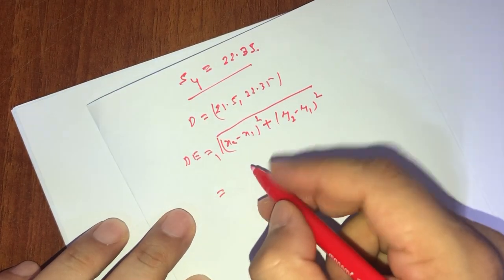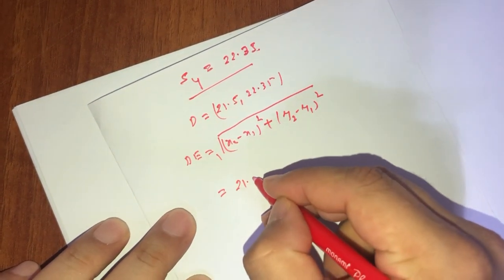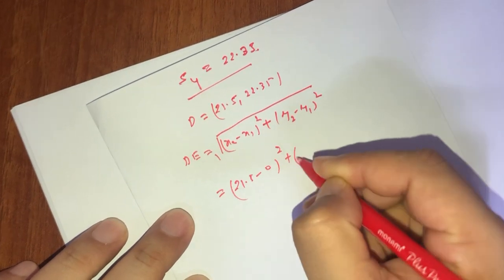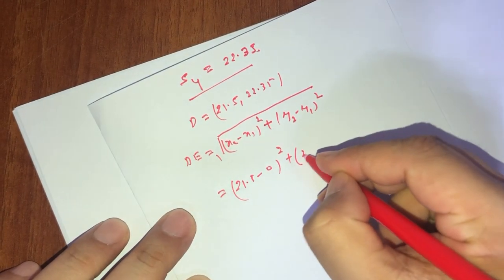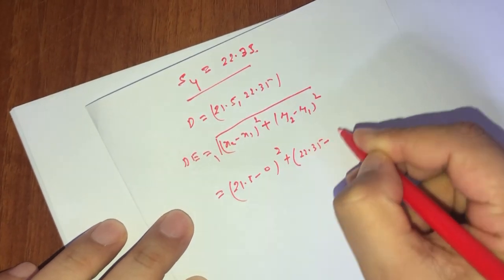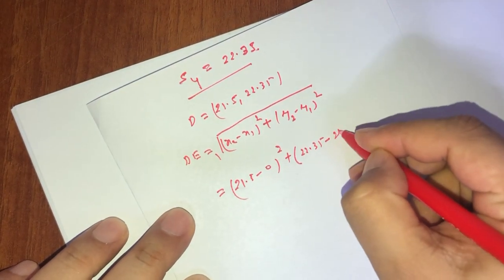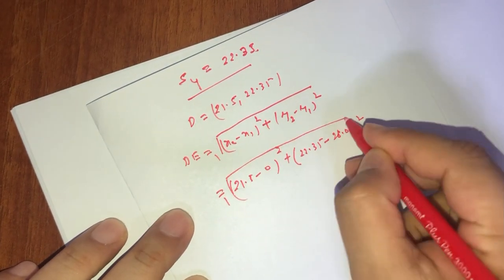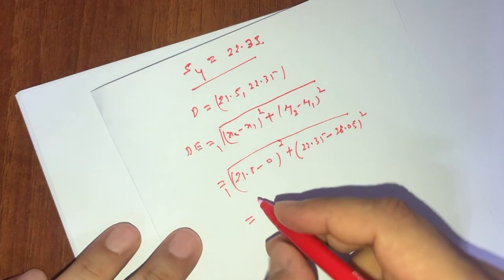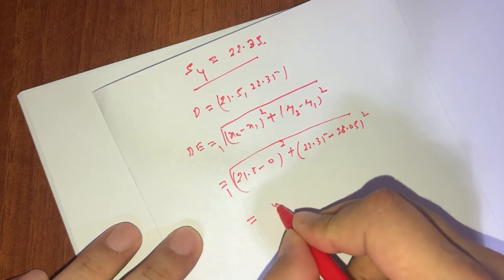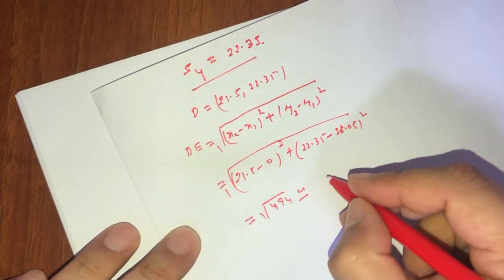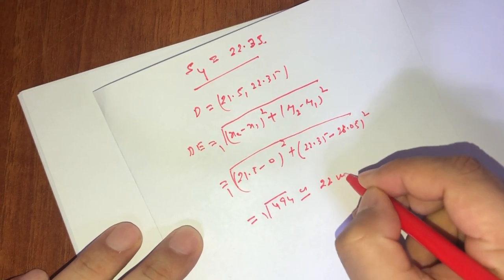We substitute the values, we get 21.5 minus 0 square plus 22.35 minus 28.05 whole square root. This will be equal to 49.4 square root, and approximately that can be written as 22 meters.